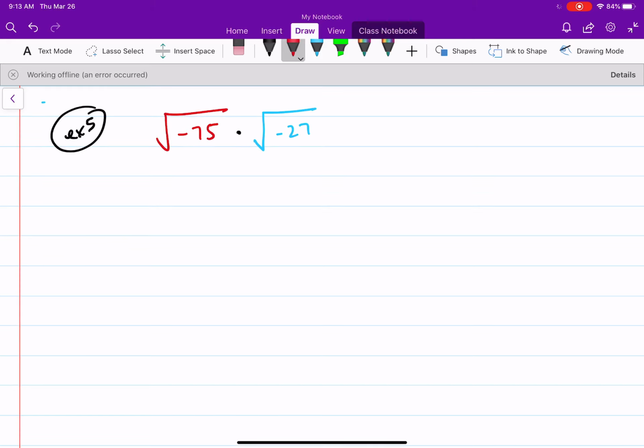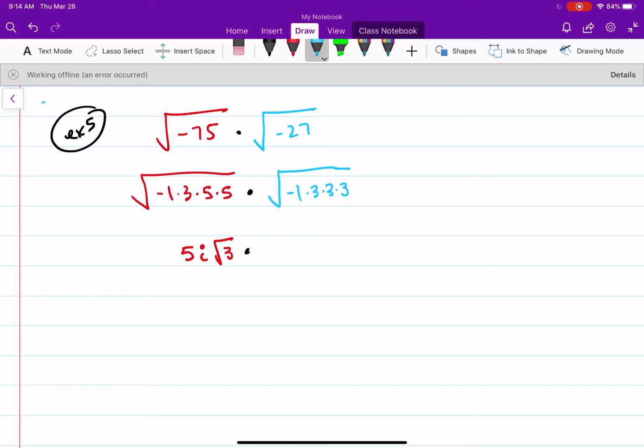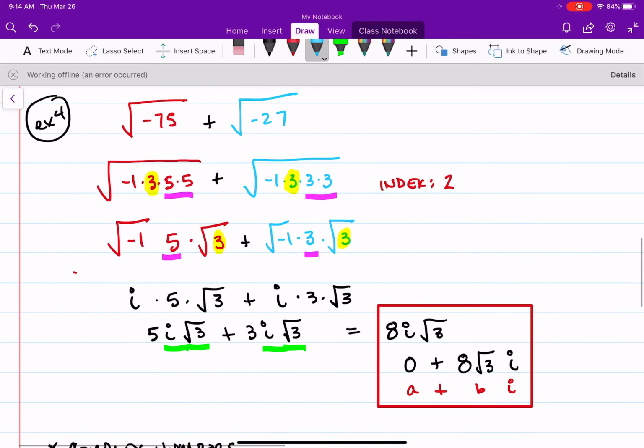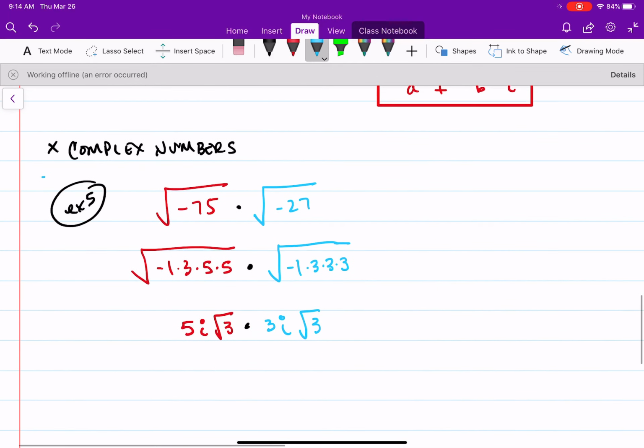And this breaks down to the square root of negative 1 times 3 times 5 times 5 times the square root of negative 1 times 3 times 3 times 3. Okay? And what we broke these down to was a 5i square root of 3 times 3i square root of 3. So if you're wondering how I broke those down, the explanation is right up here on example 4.